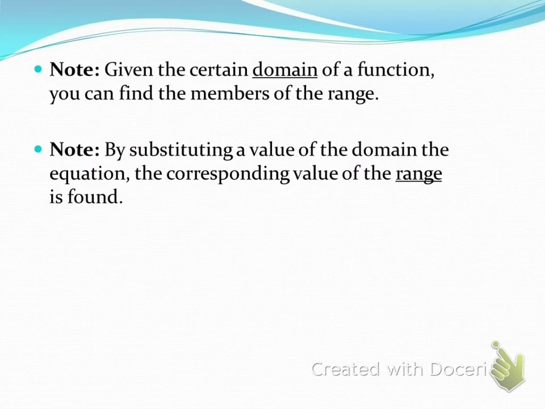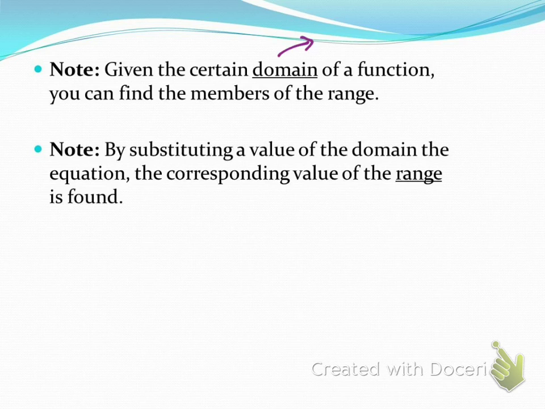Given the certain domain of a function, you can find the members of the range. So when they throw these words out here, you've probably heard domain and range before. Does anyone know what we use to refer to the domain as? Any guesses? I bet if I tell you the domain, you'll know what the range is.